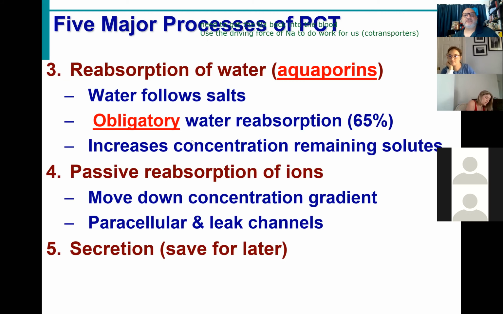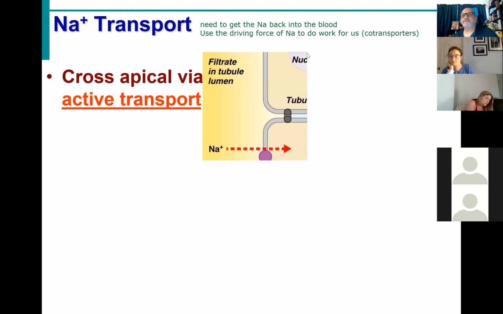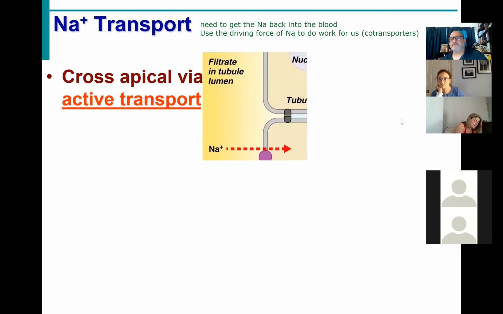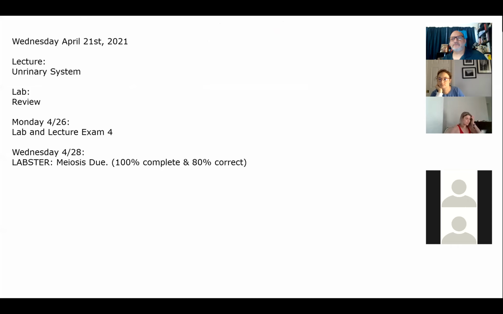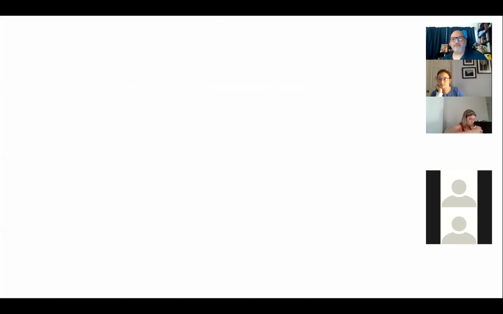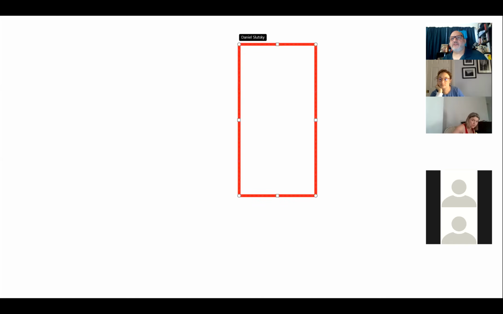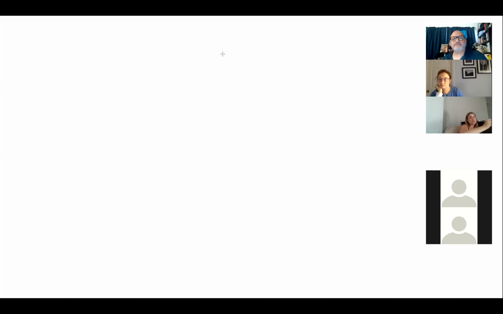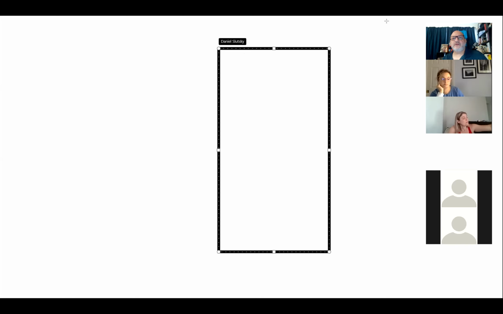Actually, you know what? Let's do it this way. Let's go ahead and draw this. I'm just going to draw the cell as a square. No, it's not a square. There we go. So here are our cells.